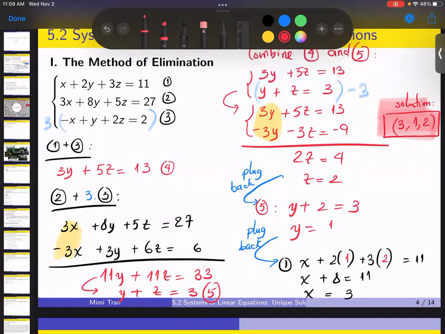Yeah. So we need to multiply. Wait, why are we?